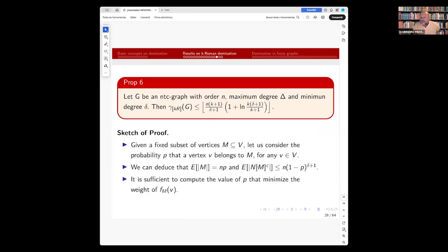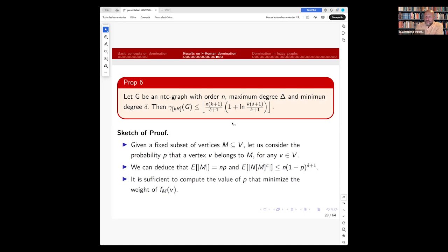Well, to finish with this section of bounds, I would like to talk about 2 more results. Not even for the tightness of the bound, but because we use some different techniques.